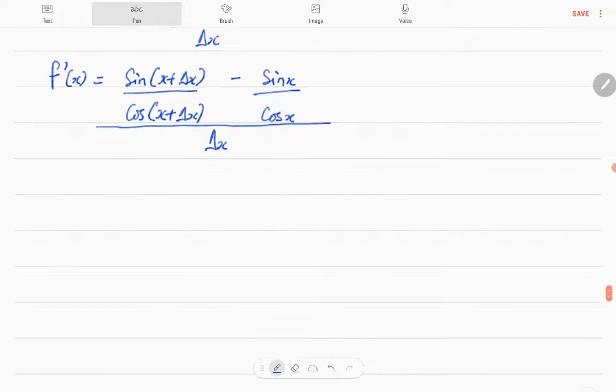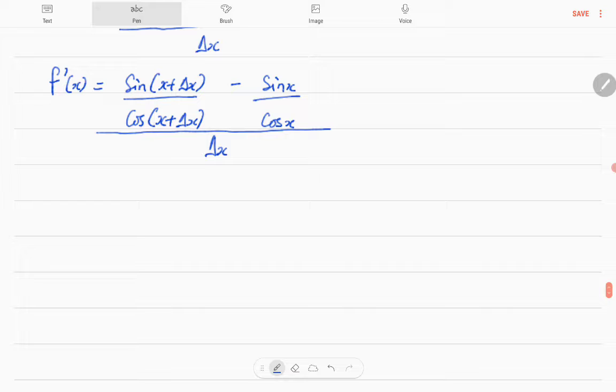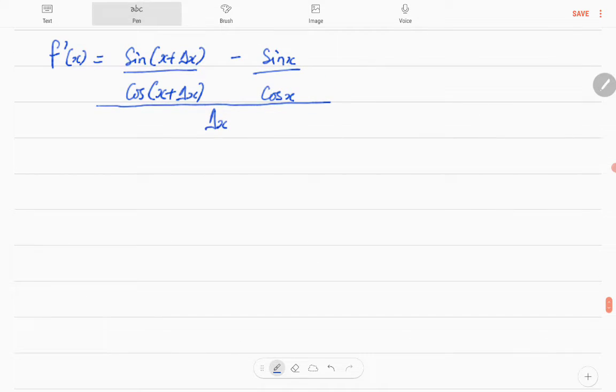So I'm going to find the LCM of cos of x plus dx enclosed in brackets and cos x, and of course we can just join both together.